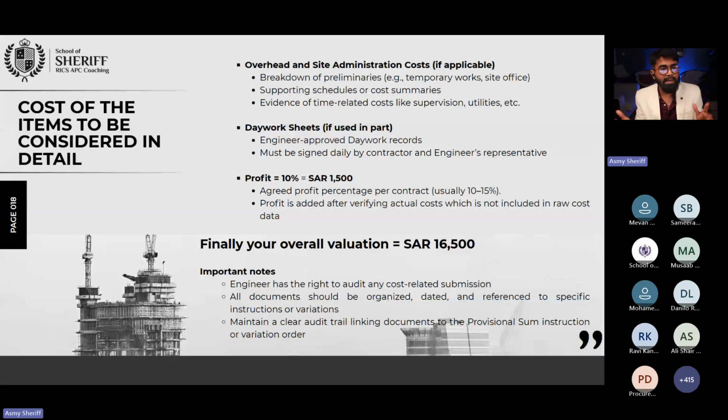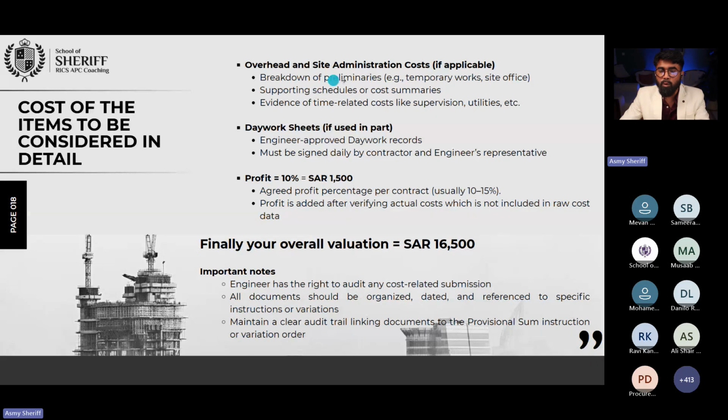Of course, definitely within their rate, they might have inserted many other profit contingencies and everything that will come back to you, will come back to the contractor. So when we price or when we assess any provisional sum or prime cost using the actual cost plus profit, guys, make sure that you are going to consider all the factors that we learn.